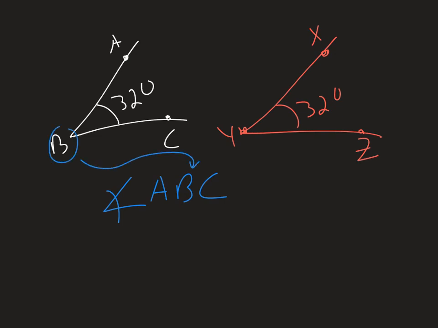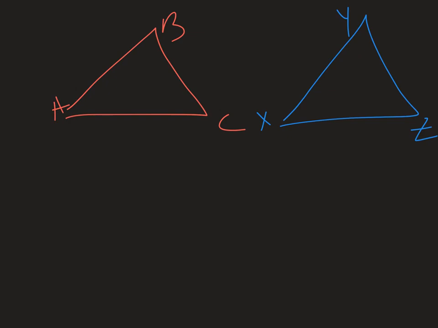It has to be the second letter in the angle. And I can say this is congruent to angle XYZ. Again, I have to be very careful that Y is in the middle. If that's not the case, I'm not talking about those two 32-degree angles. But again, we can use this shorthand. The order matters a little bit more in this case than it does with the segments.